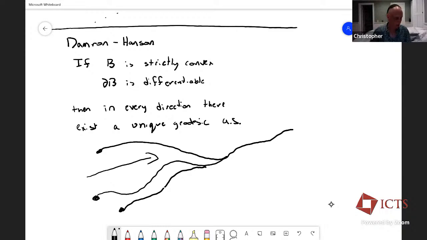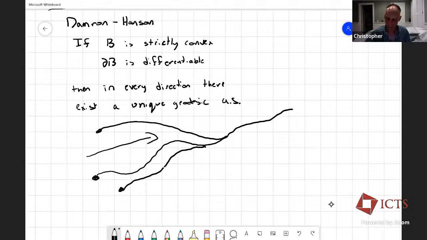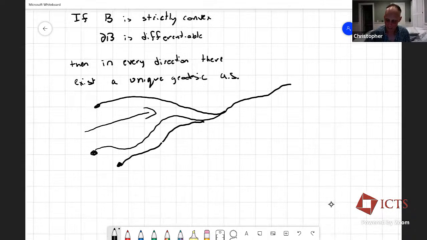Okay, so I'm going to give you an alternative approach which can prove as many theorems as we can prove using these two beautiful results, which unfortunately is 0.